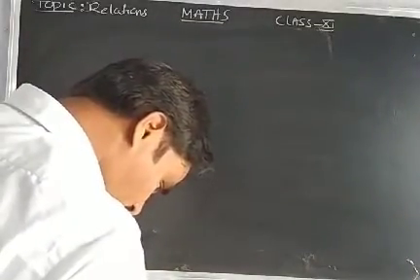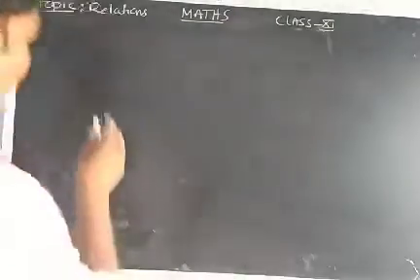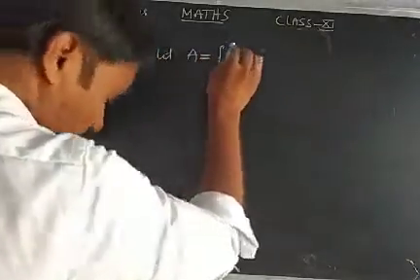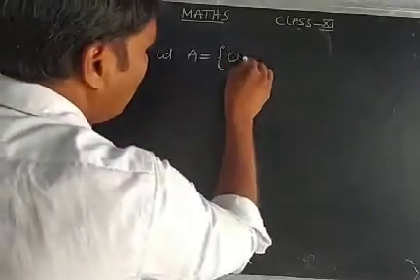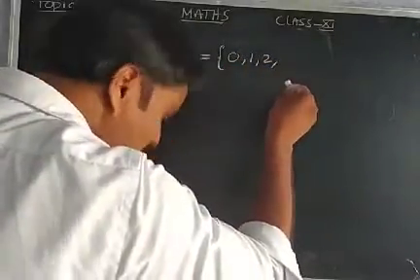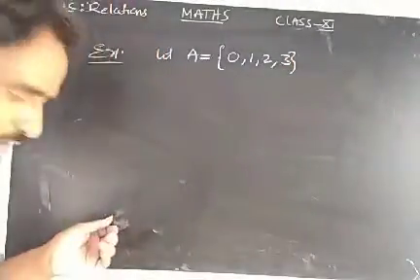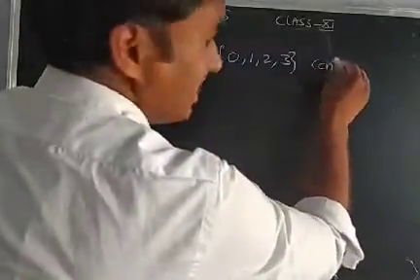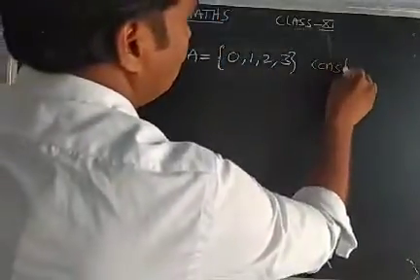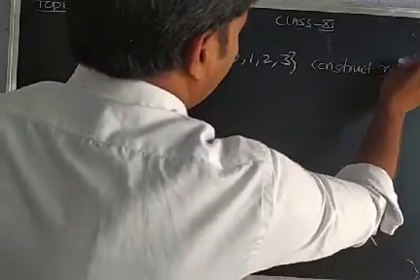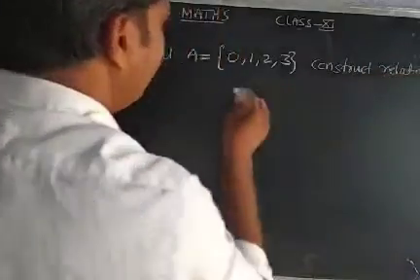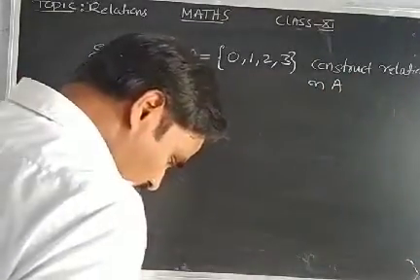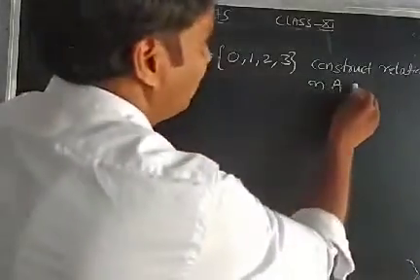Next example. Let A equal to 0, 1, 2, 3. Construct a relation on A of the following types.